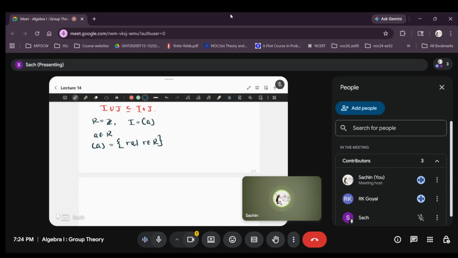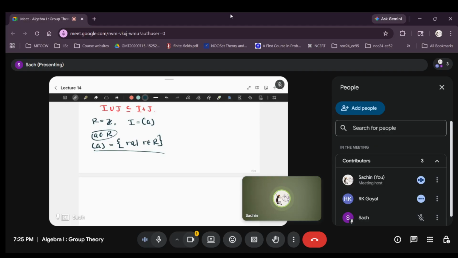No, we don't have an ideal, right? We started out with an element in the ring and we constructed an ideal. But how do you construct that? There's no standard method of constructing that.